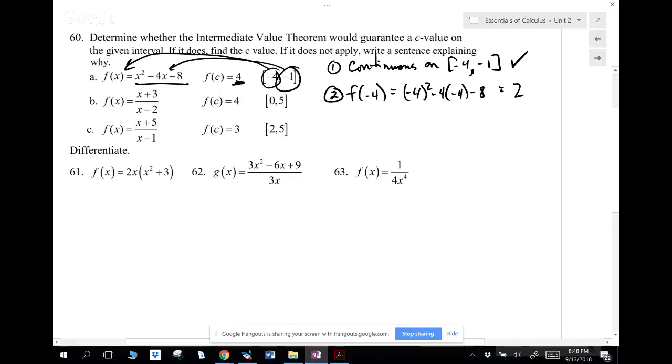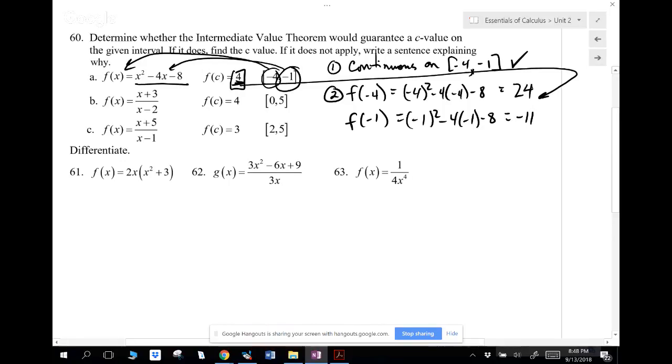All right, it's 24. And then you're going to plug in the other one. I think this one comes out to negative 11. And then you're going to check, is 4 in between that interval?